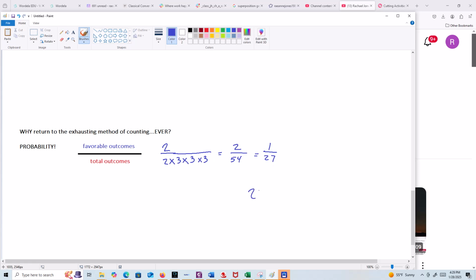You could divide 27 into 1.00, and you would get approximately 0.037.